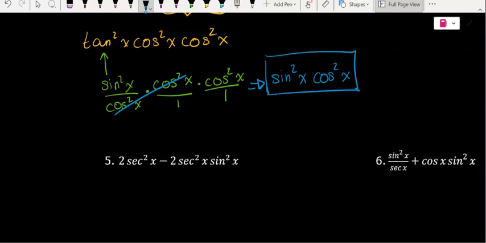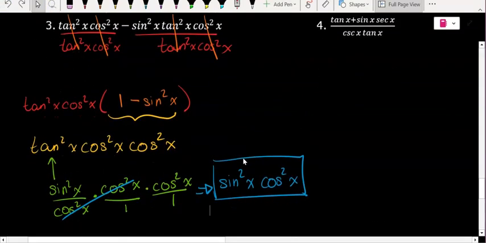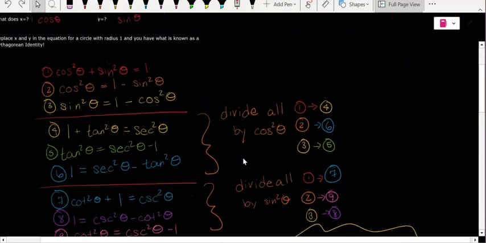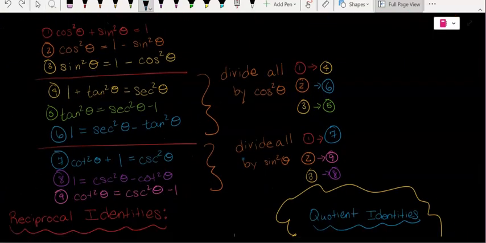That sine squared times cosine squared does not cancel out and equal 1 because there's no plus sign. If there was a plus sign there, sure enough, it would equal 1, but this is multiplied, so it is not equal to 1. Another thing to make note of with all of these Pythagorean identities, they all have that exponent of 2 in there.